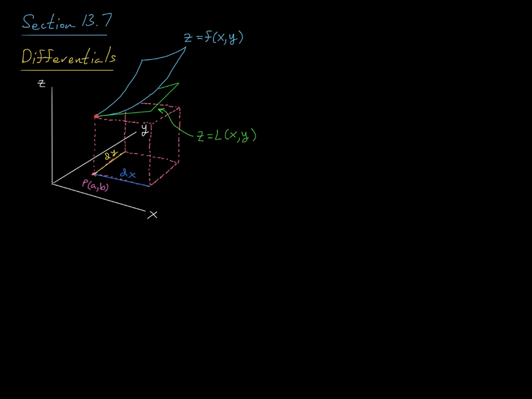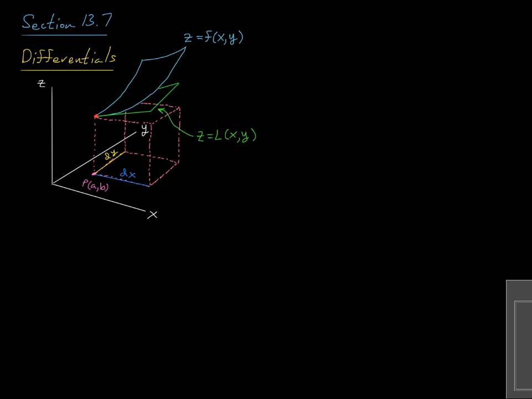So, for example, I move dx units to the right of the point P, and then dy units up in the direction of y, and I could go ahead and look at our tangent plane here in green as well, just to fill that in, right? And this thing is going to give us an approximation to our surface nearby this point here in red.